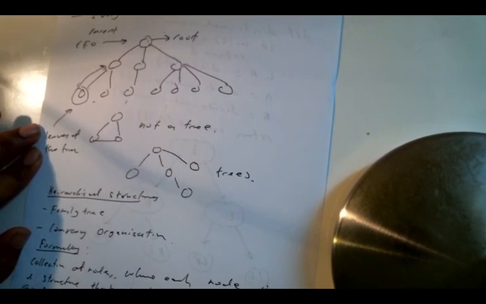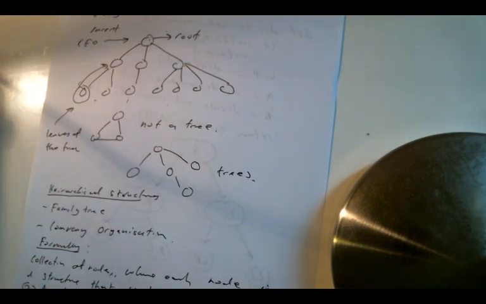And we note that no reference is going to be duplicated here, and that nothing will point to the root. All right. So that's one way to define a tree.